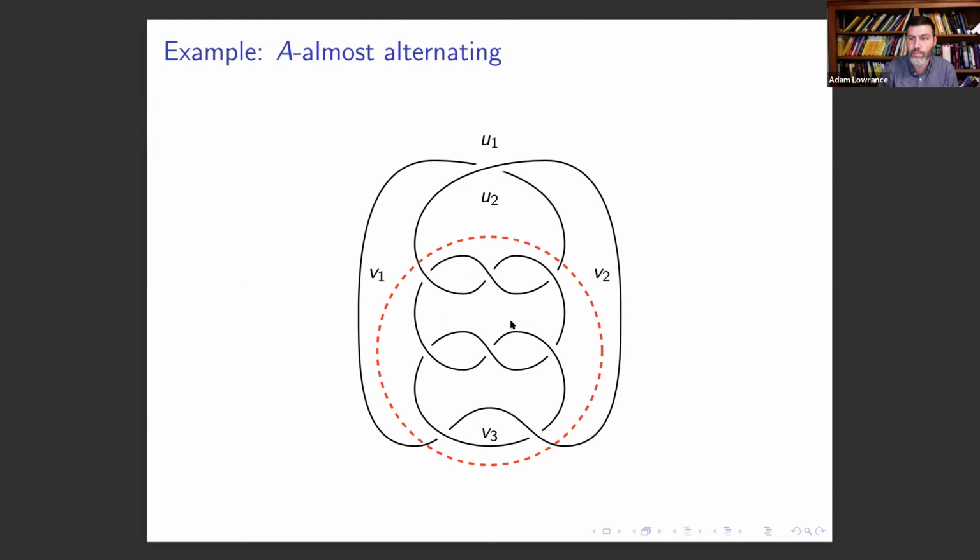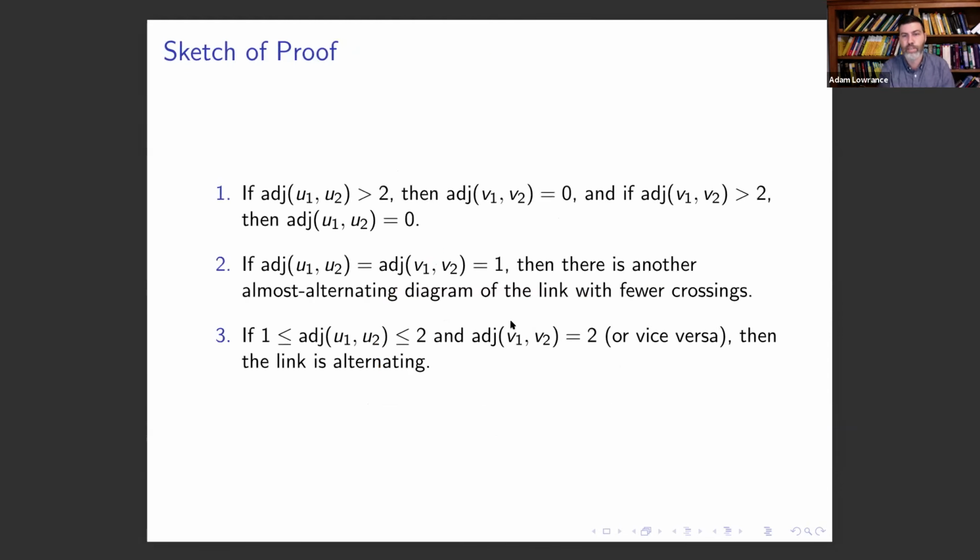There can't be any paths of length 2 between V1 and V2 if there are more than 2 paths of length 2 between U1 and U2. That's the first statement, and it's just playing off the dual graphs.